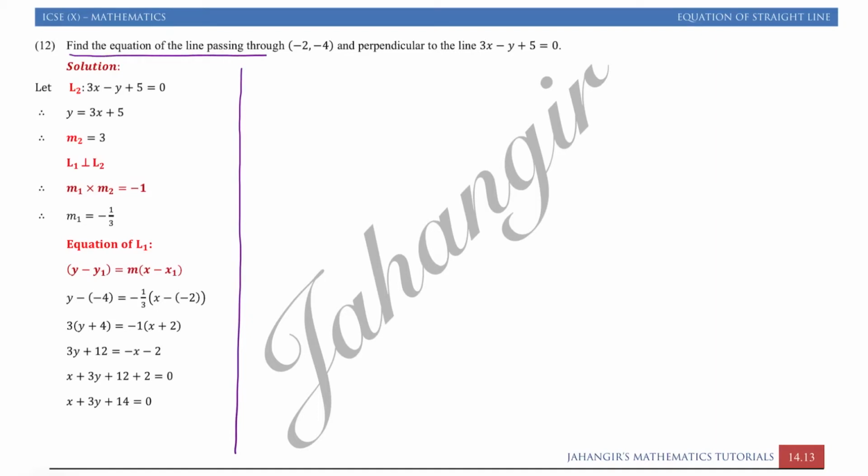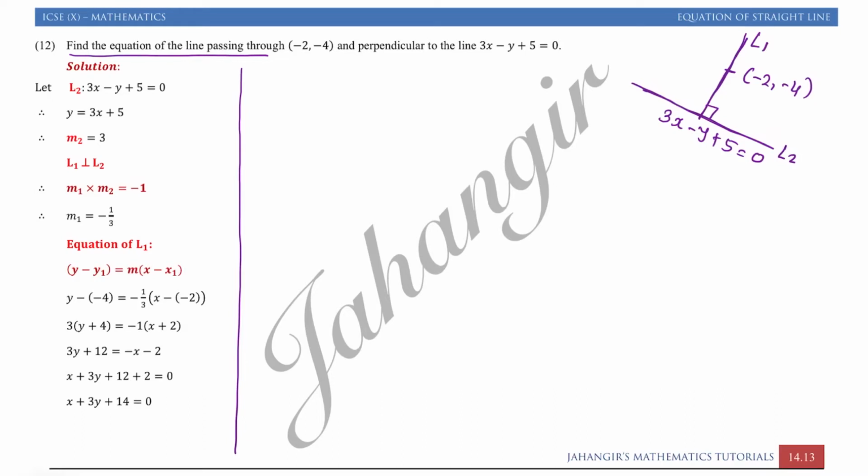Find the equation of a line passing through minus 2 comma minus 4. A line is passing through minus 2 comma minus 4 and it is perpendicular to another line whose equation is given as 3x minus y plus 5 is equal to 0. Let's say required line is L1.